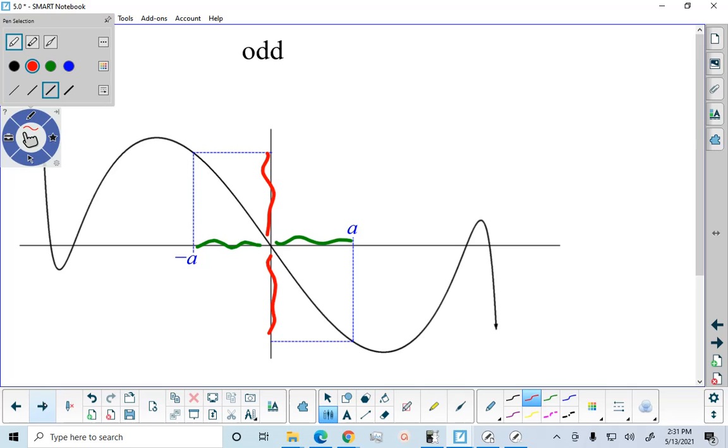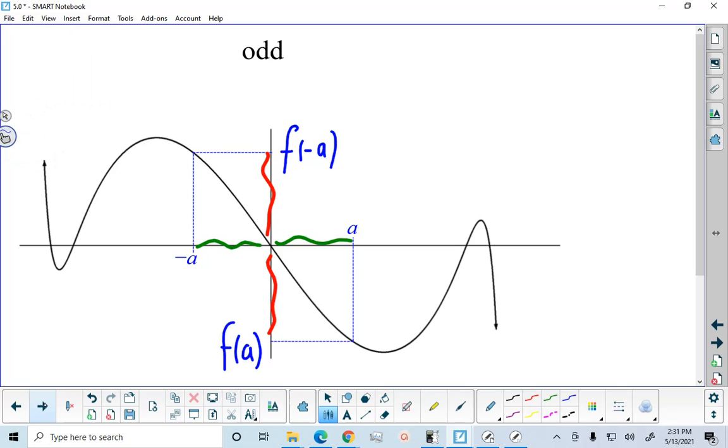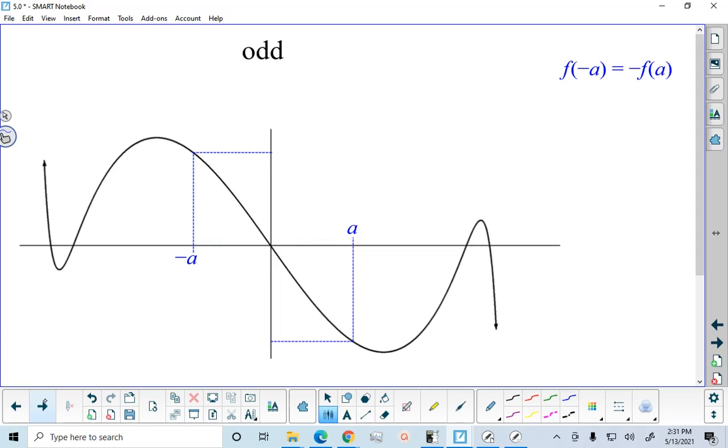Which means that f of A, which is the y-coordinate here, and f of negative A, which is the y-coordinate here, have the same value except one's positive and one's negative. In this case, f of negative A is a positive number, and f of positive A is a negative number. But what is important is they are negatives of each other.